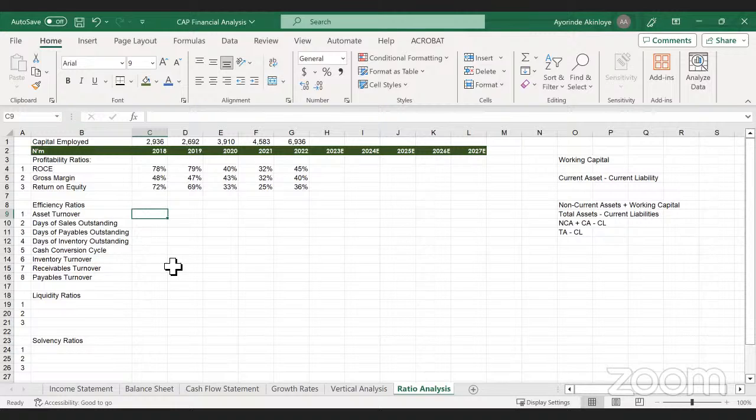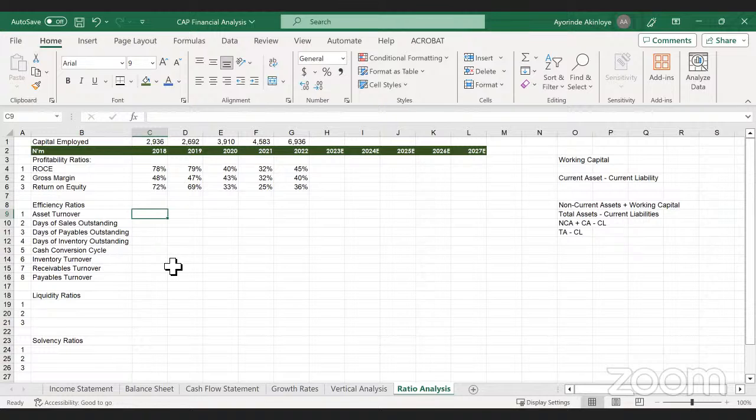Some people will say capex for this year plus the total assets from last year. So the opening balance of total assets from last year, they will add it to their capex to calculate their turnover ratio. Some people do that, but average is advisable for you, because that's the generally accepted method.